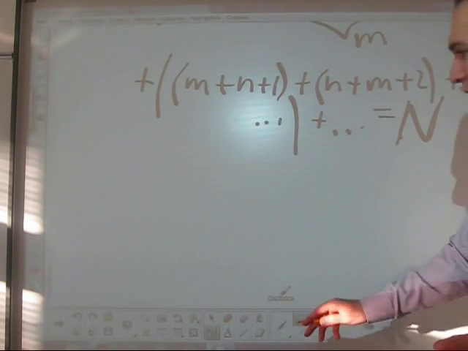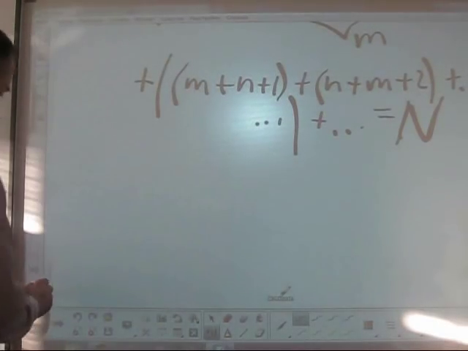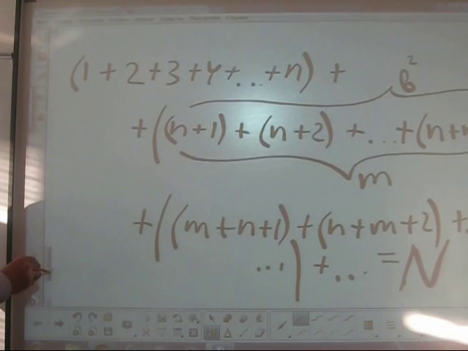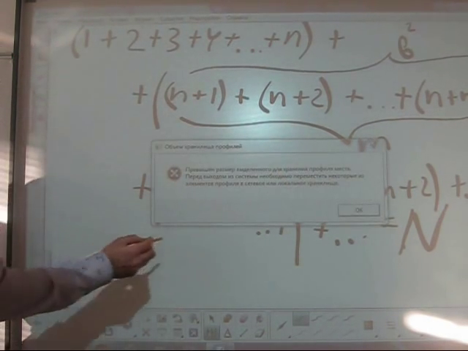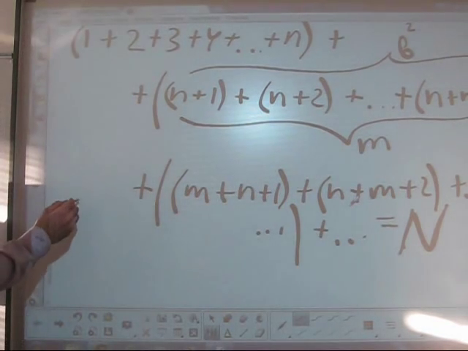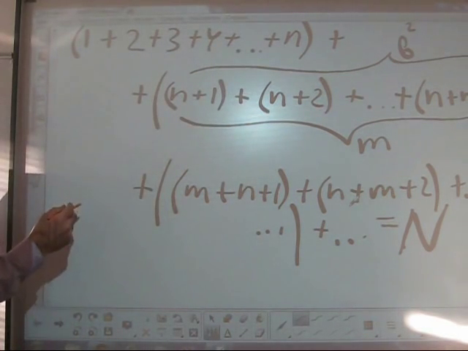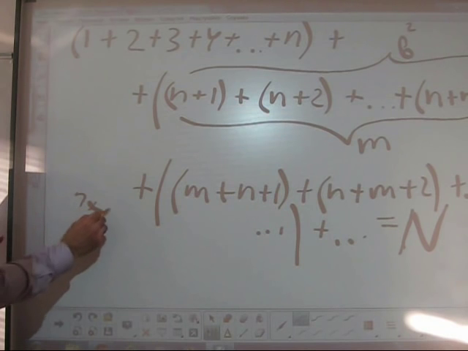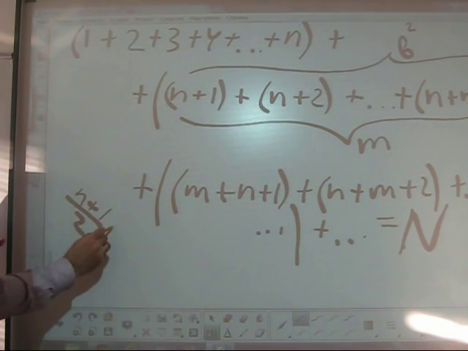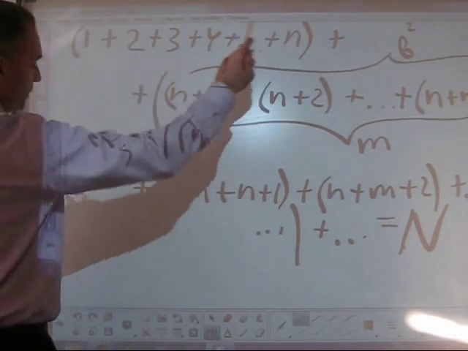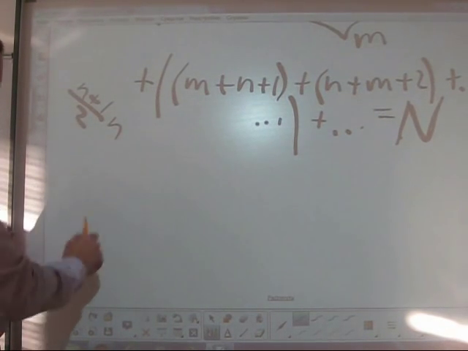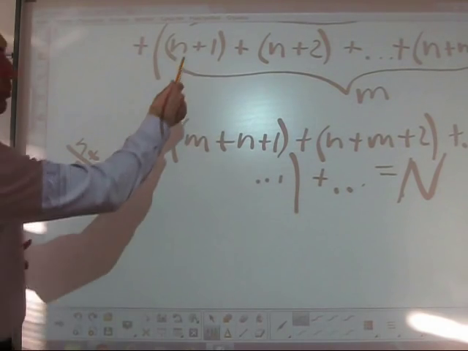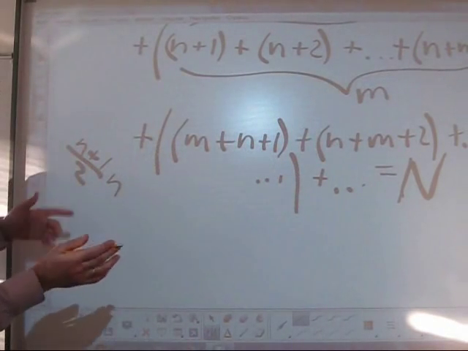Okay, let's do it. We have a simple formula for this type of sum, and so this is n plus 1 over 2 times n, this one. And this one is a little more complicated, but the formula is the same.